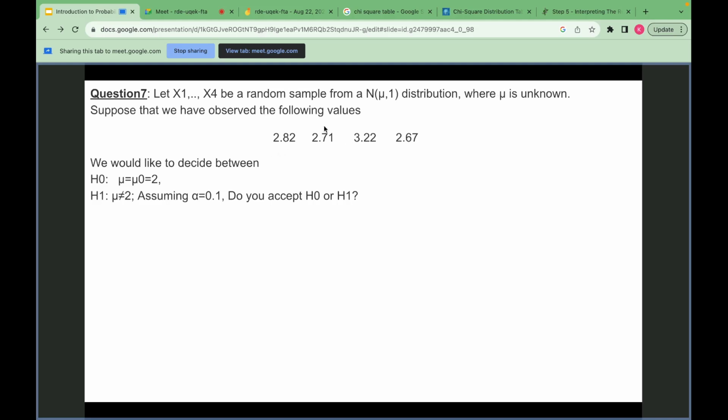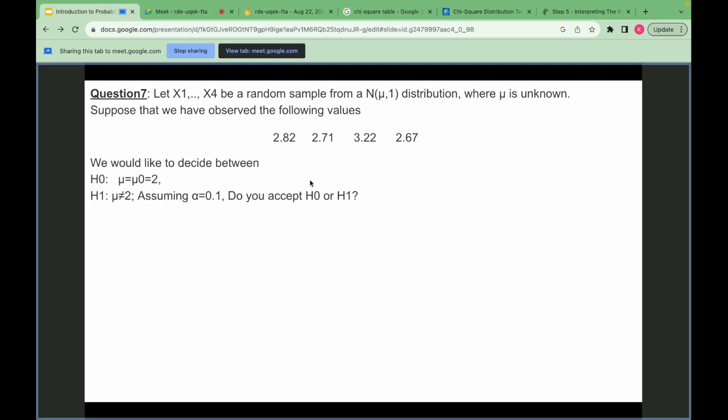Suppose we have the observations 2.82, 2.71, 3.22, 2.67. Now we would like to decide between these hypotheses. H0 is mu naught equal to 2, and H1 is that mu is not equal to 2. We will assume alpha is 0.1. Now which hypothesis will we accept?